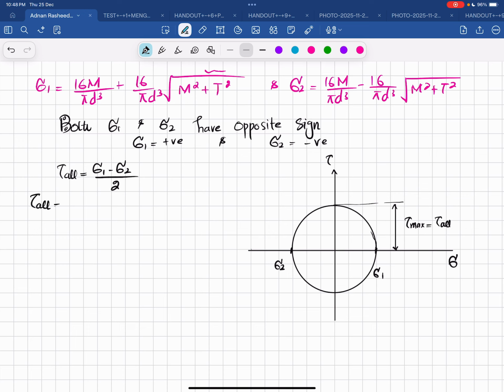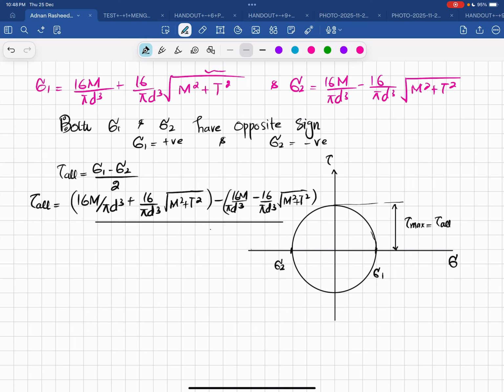So if you put this in, sigma 1 is 16m over pi d cube plus 16 over pi d cube into square root of m square plus t square, minus sigma 2, which is 16m over pi d cube minus 16 over pi d cube into square root of m square plus t square, divided by 2.